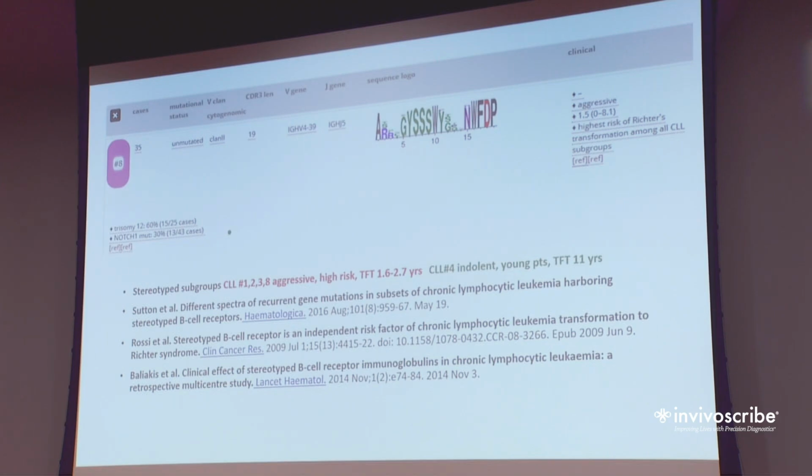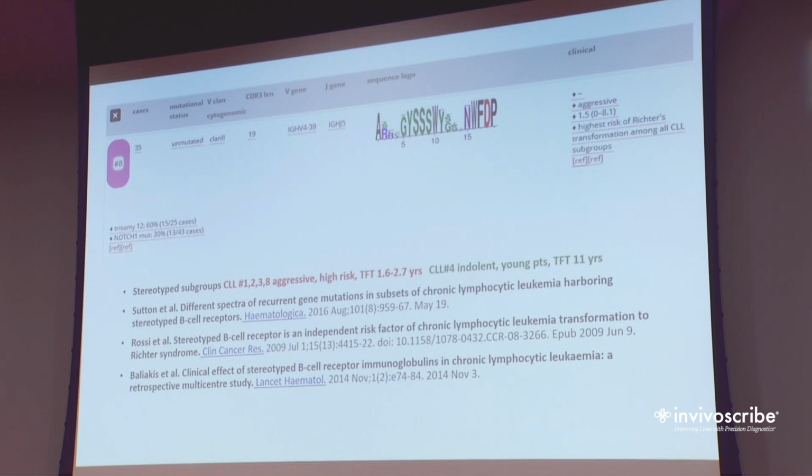Okay? And trisomy 12 is there, which actually is not a bad prognostic factor, but it just goes to show that obviously if you've got the CLL 8 you can have it associated with the NOTCH mutations, and this can change things compared to if you just did your ordinary cytogenetic screen, you know.